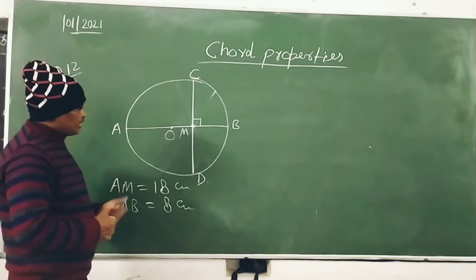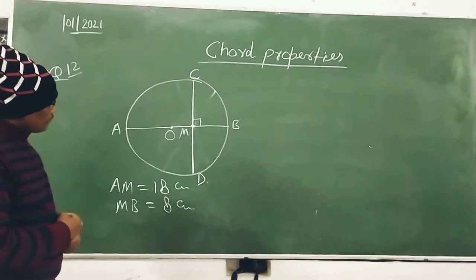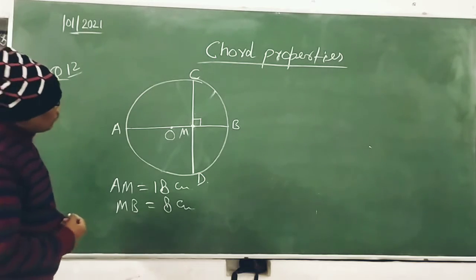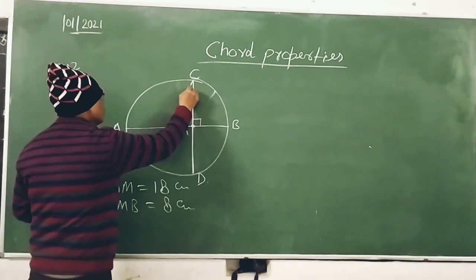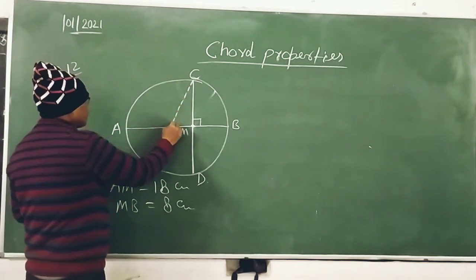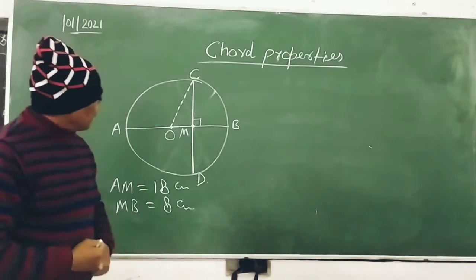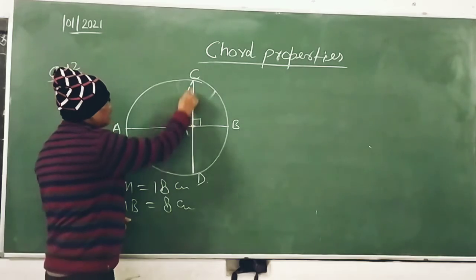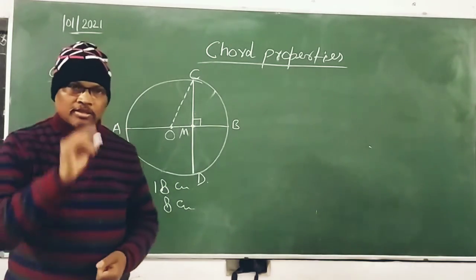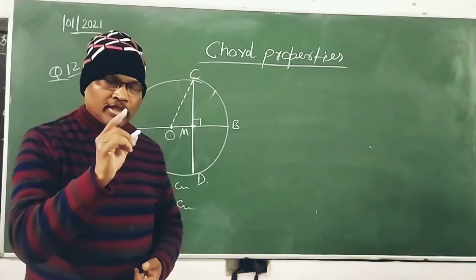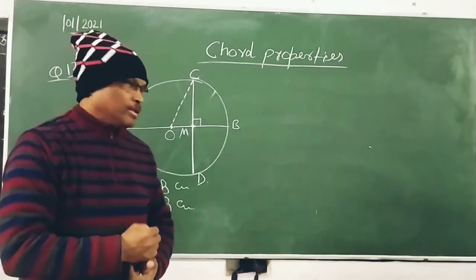Let O is the center. Then join OC. When we join OC, we will get a triangle OMC because this is the 90 degree. So it is the right angle triangle.